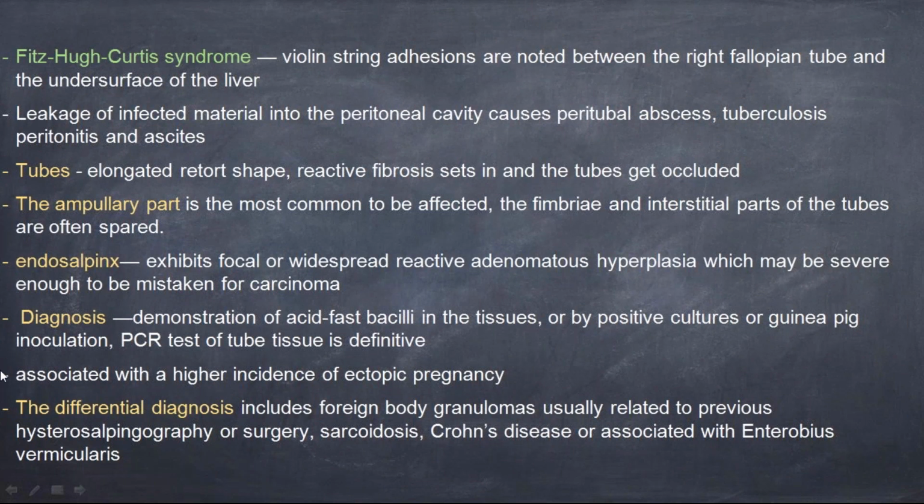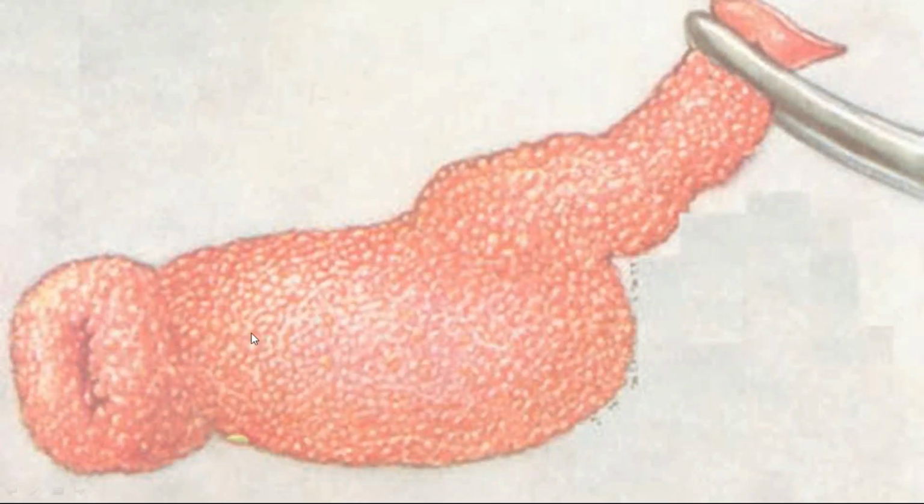So what are all the differential diagnoses? It may be foreign body granulomas because of previous HSG or any surgeries, and then sarcoidosis, Crohn's disease, and anything associated with Enterobius vermicularis, other than infections. These are all the differential diagnoses for TB salpingitis. So once again, this is one more picture of TB salpingitis involving the ectosalpinx.